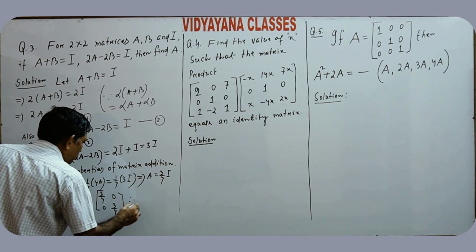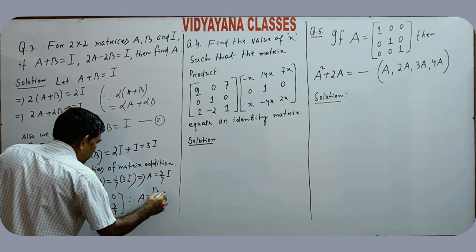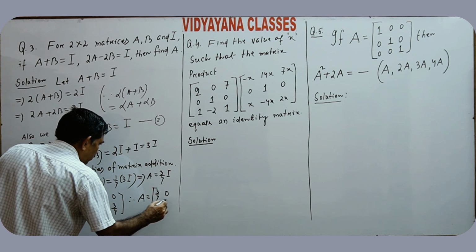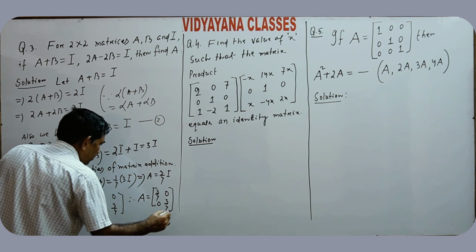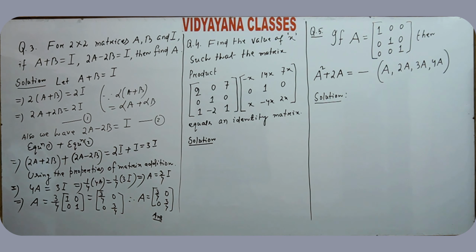Therefore, A is equal to 3 by 4, 0, 0, 3 by 4 is the answer. Clear?